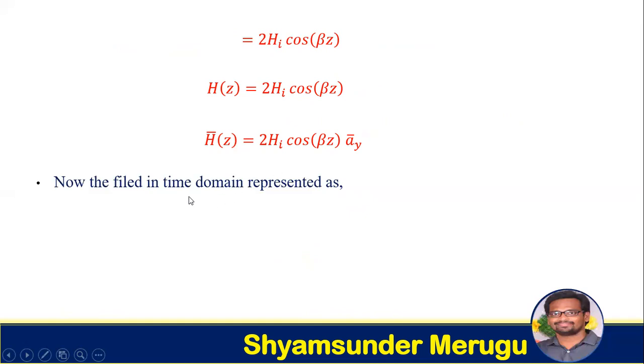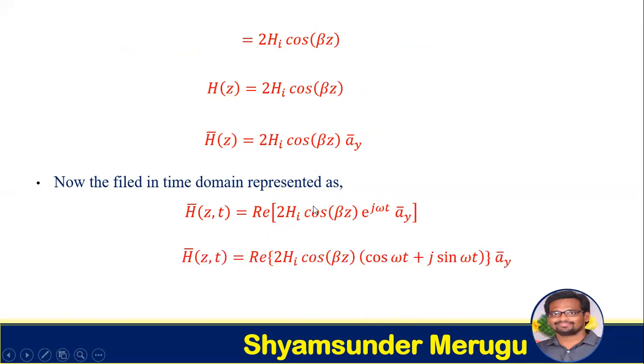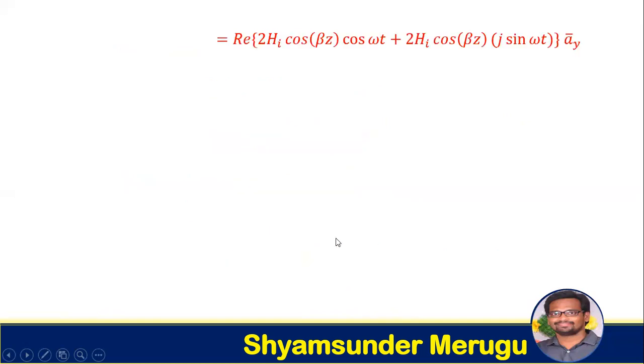Now representing the field in time domain, it can be written as 2H_i cos βz e^(jωt) a̅_y, and we are interested in getting the real part. Expanding e^(jωt) as cos ωt plus j sin ωt and multiplying 2H_i cos βz inside, we get the real part of 2H_i cos βz cos ωt plus 2H_i cos βz j sin ωt.